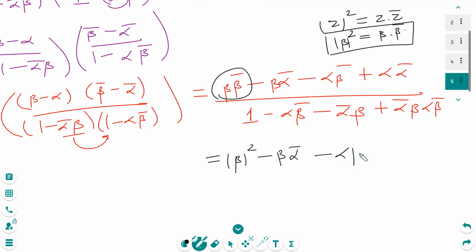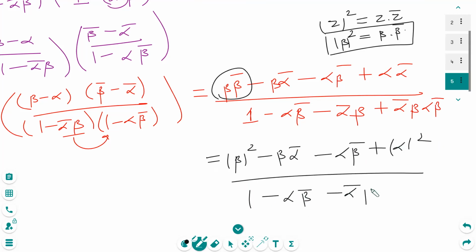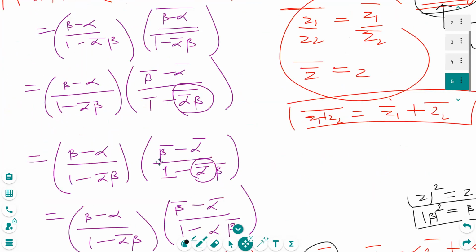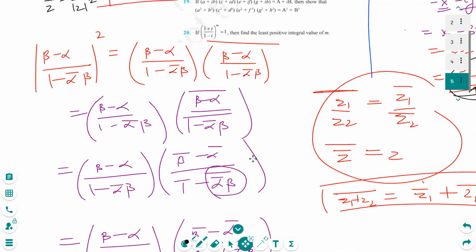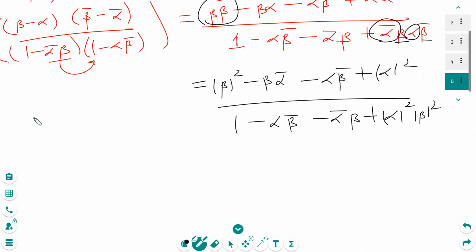There is nothing complicated. Now this will be alpha square obviously. Now this is 1. We cannot do anything about this one, but we can do something about this. This time this will become again alpha modulus square, and this time this will become beta modulus square. If you remember in the question, for this purpose only, we were given that modulus of beta is 1. And if the modulus of beta is 1, then modulus square of beta will also be 1. 1 square is 1.